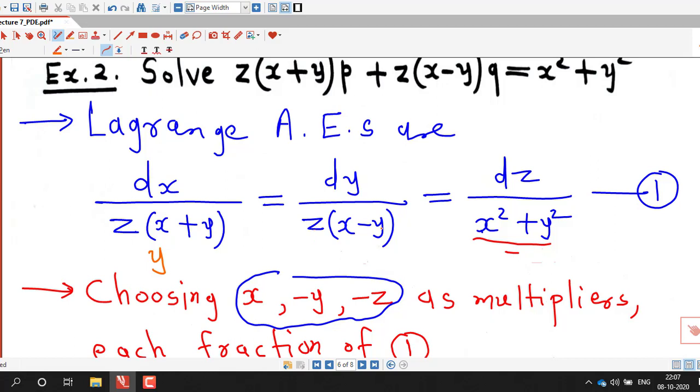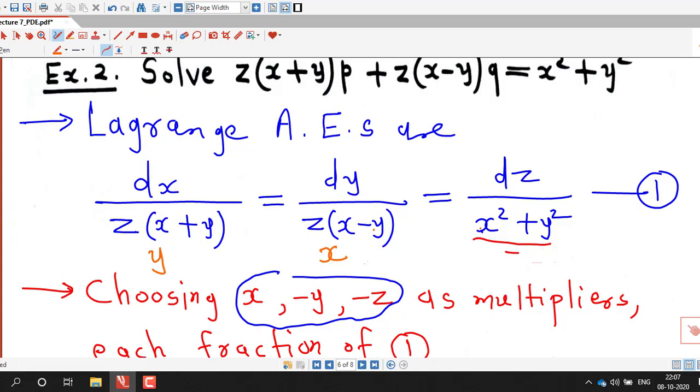If I multiply this by x, I will have minus x, y, z, that will cancel each other. Now in the second term there is a y, and I am multiplying with y, so I will have z into y square.